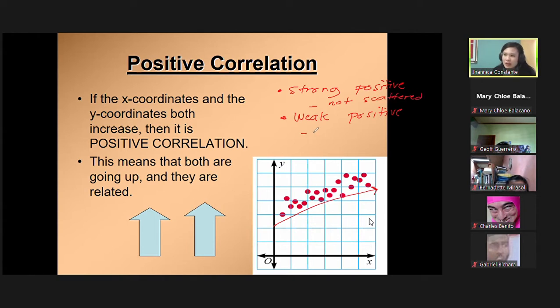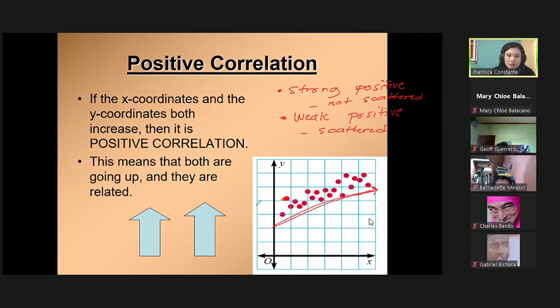But if we have a weak positive correlation or weak positive association, that means the dots in the graph that we have are scattered, or they have a distance with each other. Each of the dots that you have in the graph has a distance, but they are proceeding in one direction that is going to the right of your graph.